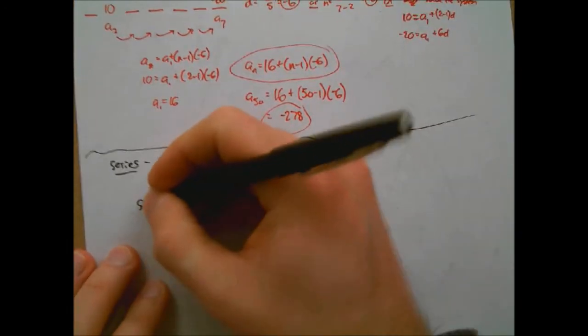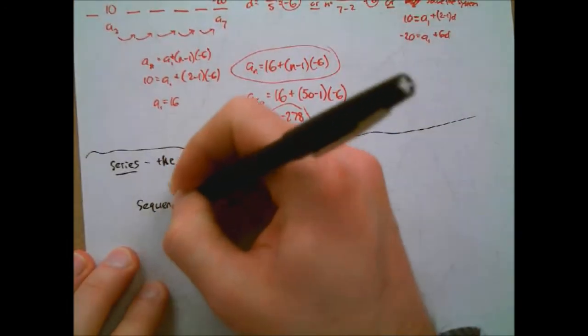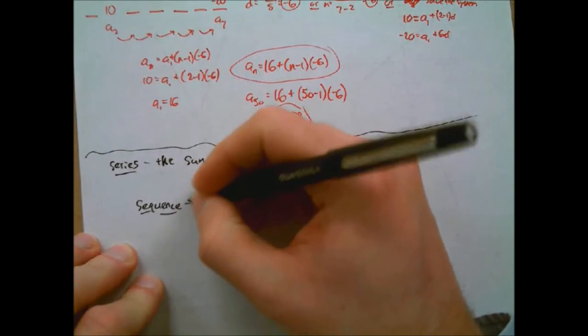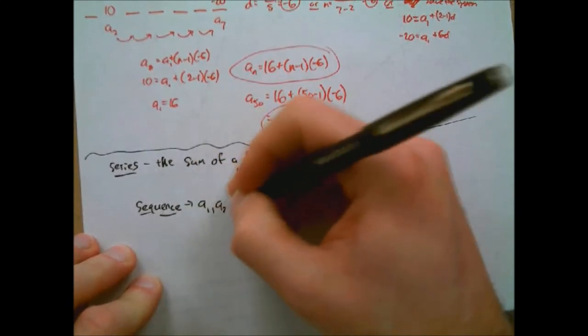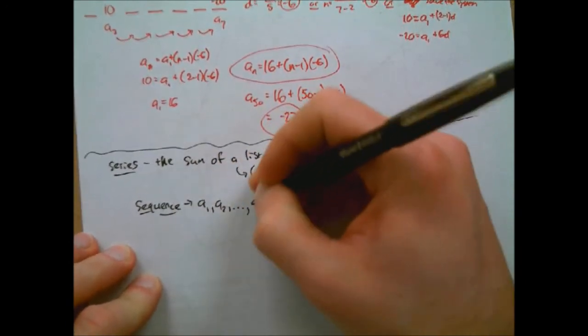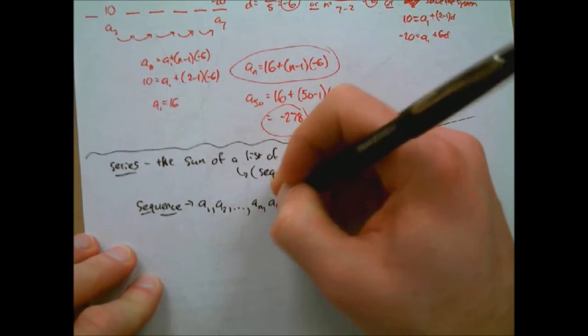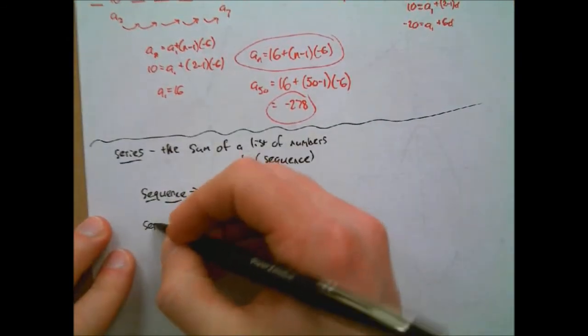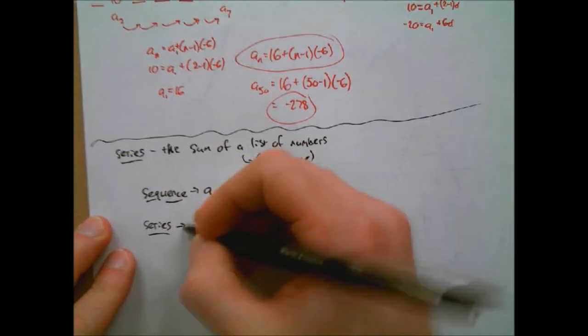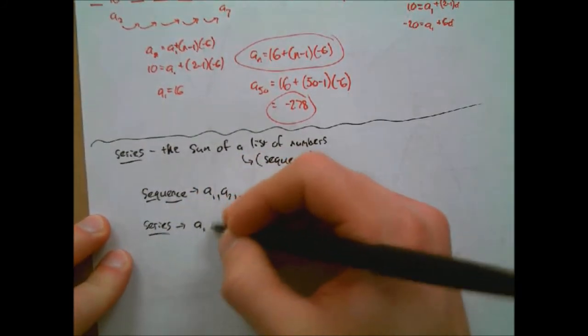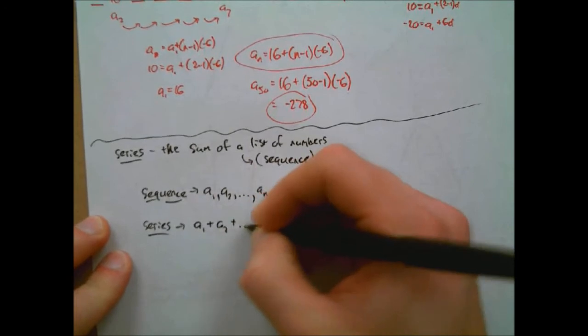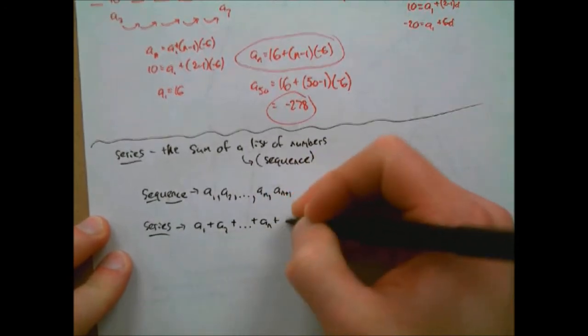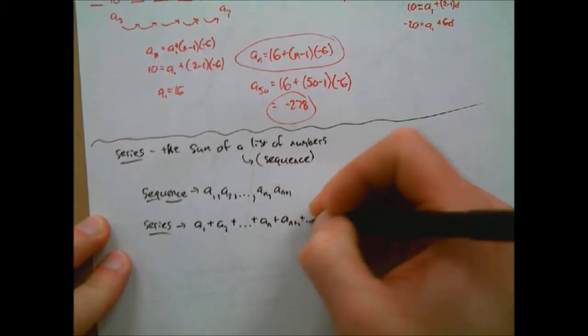So again, a sequence looks like this: a sub 1, a sub 2, a sub n plus 1. A series looks like this: a sub 1 plus a sub 2 plus ... plus a sub n plus a sub n plus 1 plus ... And you're going to keep adding here, potentially.